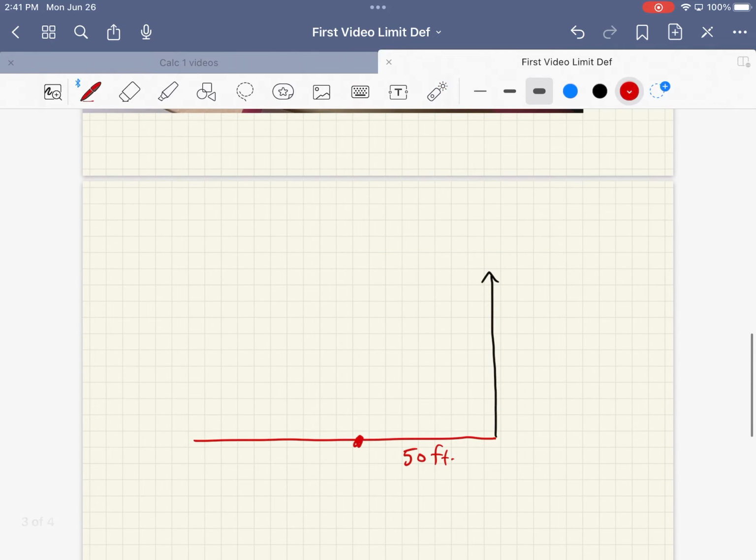So what we know is that after 2 seconds, the car has traveled 100 feet, and if we call this theta, we know that d theta dt is equal to 0.75.